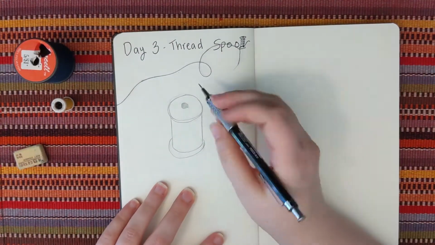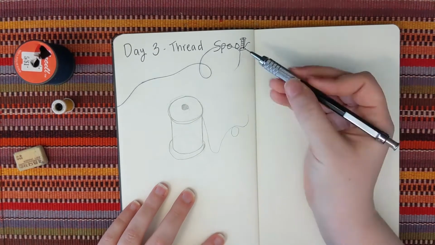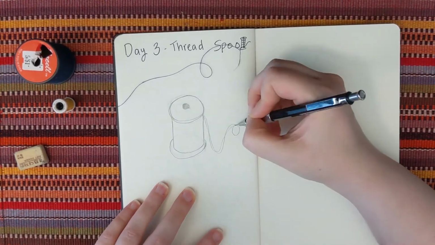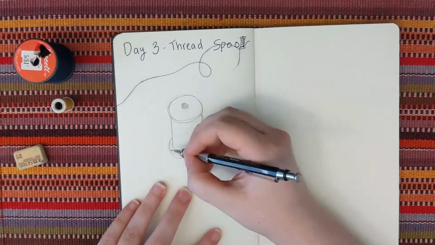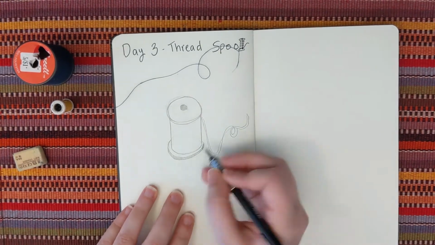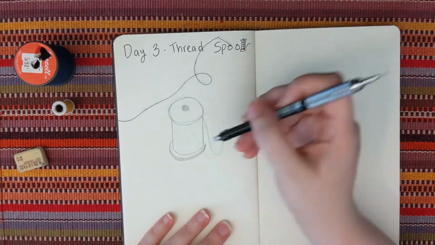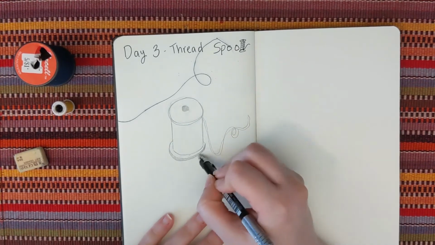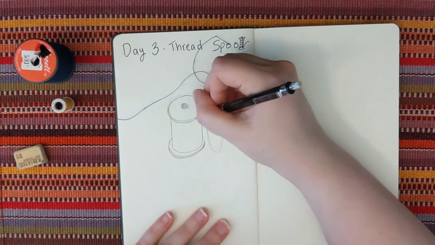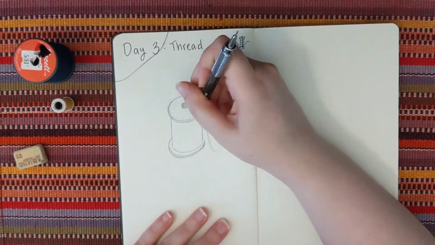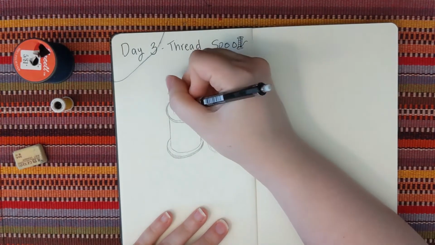And I wanted to get a nice shape for my thread, so there it is. Wanted to make sure I got the edge of the spool to give it a little bit of dimension, so I put in some shading, used my tiny eraser to get rid of some of the sketchy marks that I didn't need anymore.